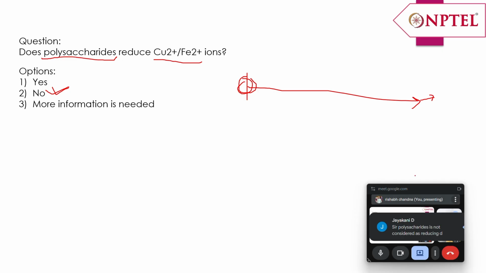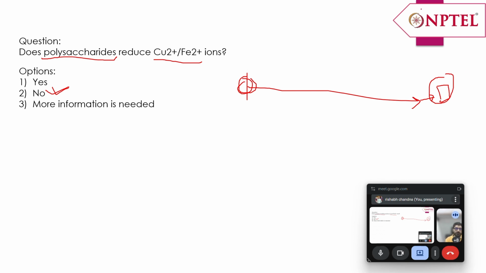So they will not be considered as a reducing agent, but one end of the polysaccharide would be reducing and the other end would not. One end has a free functional group that can carry out further reaction.